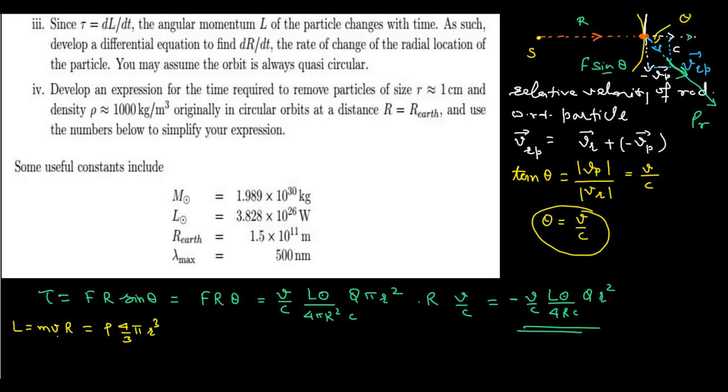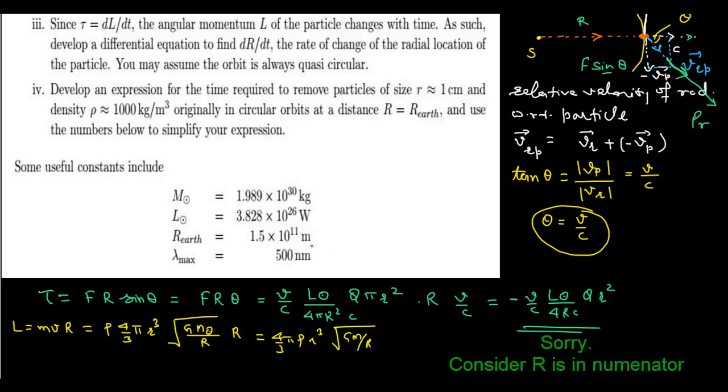V we have calculated in part 1, that is under the root G into solar mass divided by the separation, and into this distance r. So we have this result, and solving this we will get 4 by 3 pi rho r cube under the root GM by r. Clear?